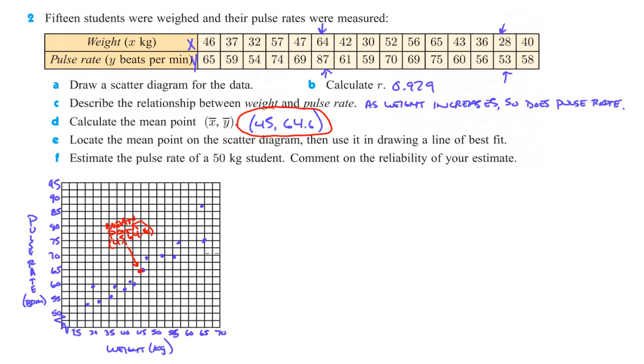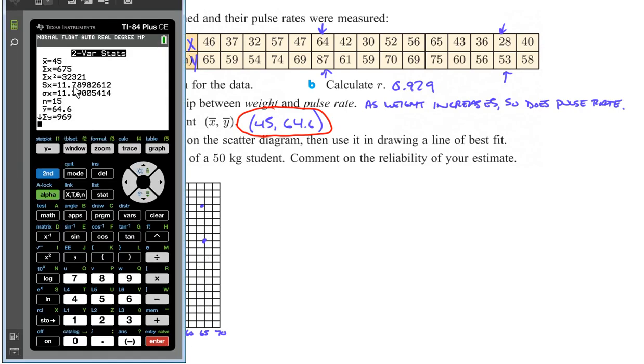So to draw this line of best fit, what's probably going to be helpful is stat, calculate. I'm going to go back to our linear regression data, and once we get down here, it gives us our equation eventually.